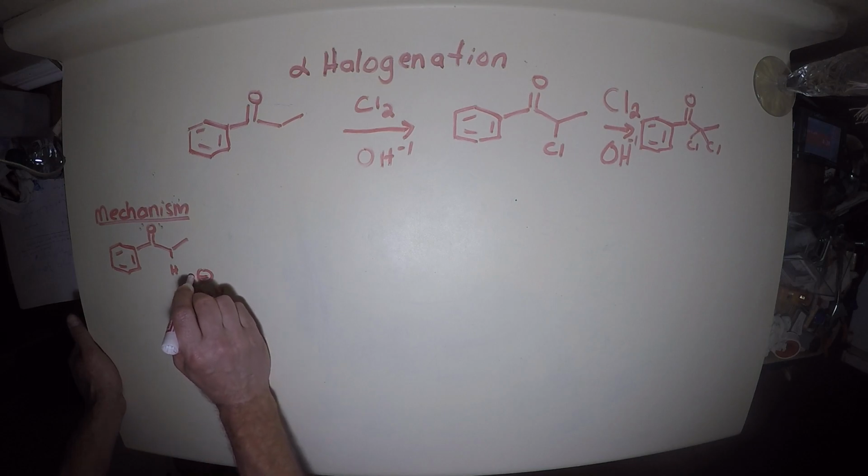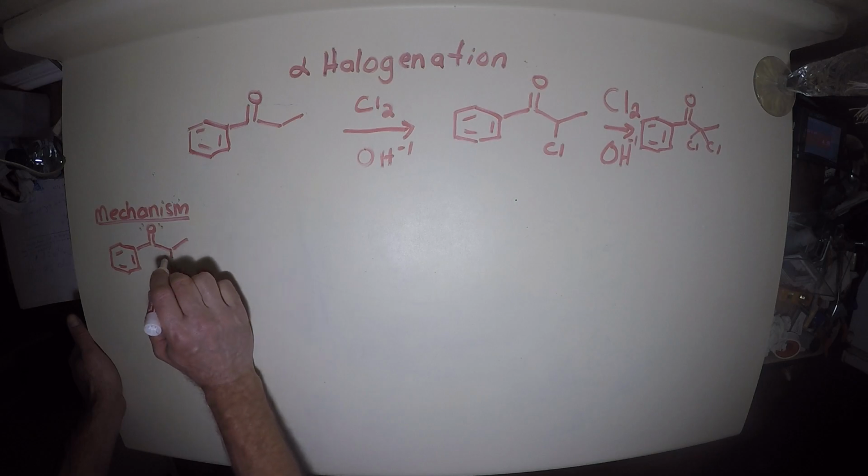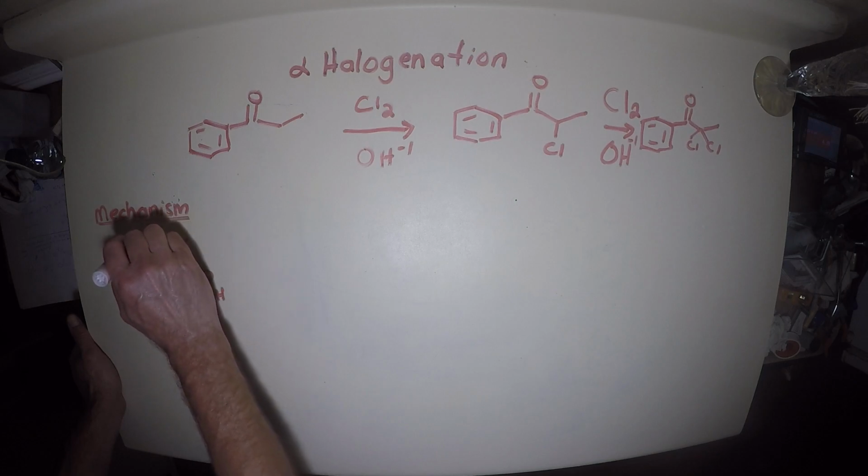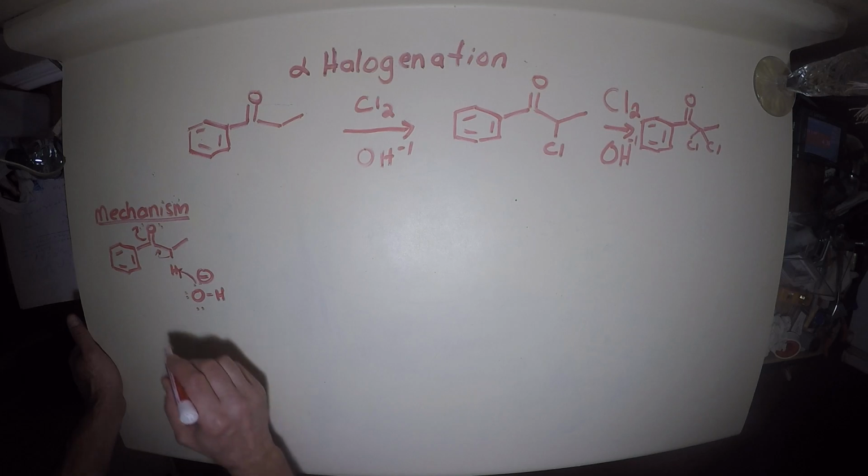Hydroxide or another suitable base could abstract an alpha hydrogen, forming an enolate.